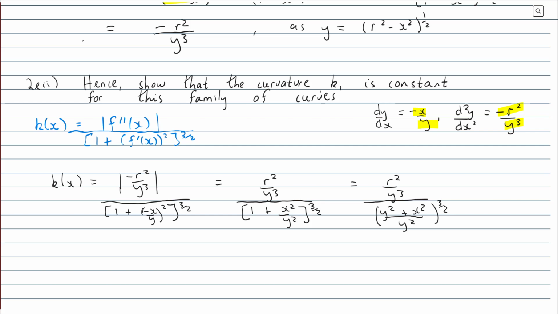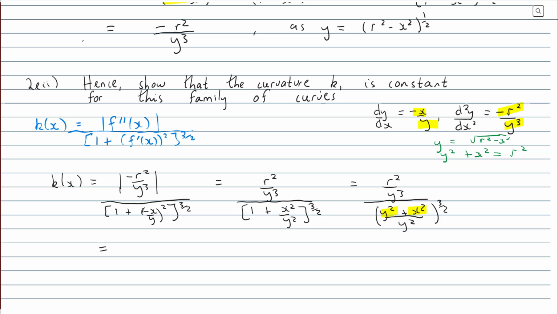Now we can simplify that a bit, because of the y squared plus x squared. Remember the family of curves we're given was y equals the square root of r squared minus x squared. If I square both sides and move the x over, I get y squared plus x squared equals r squared.